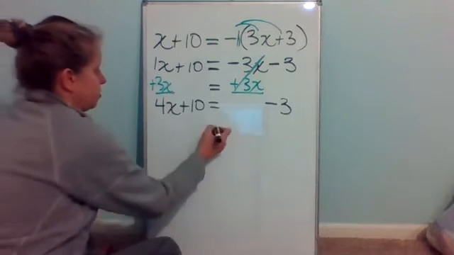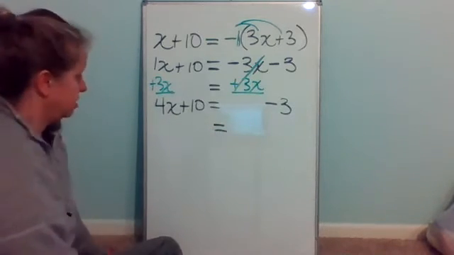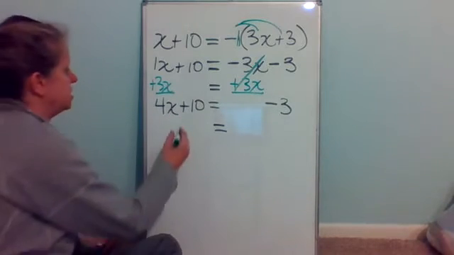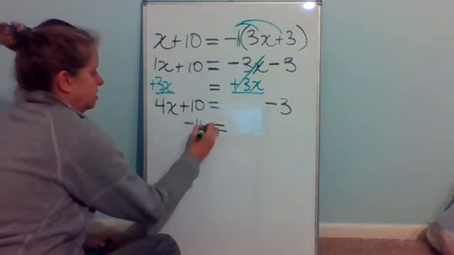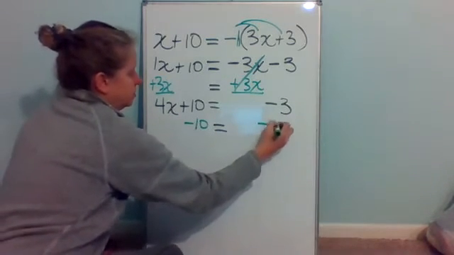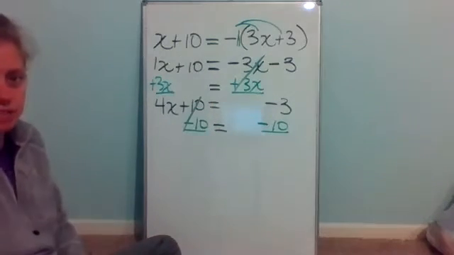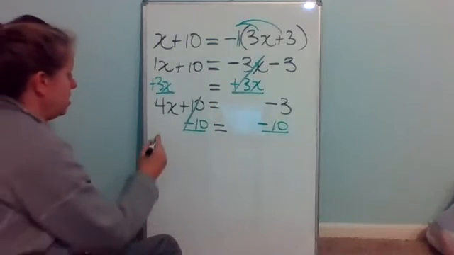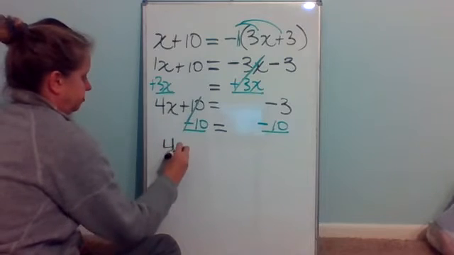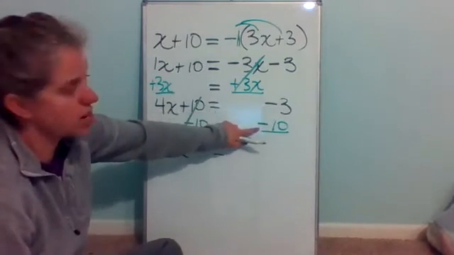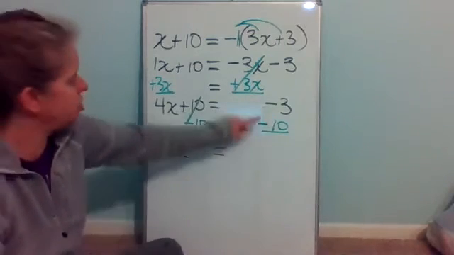So now, here's my equal. So let's see, getting this x by itself. So I need to get rid of the +10 with a -10. To cancel it. So over here, I have a 4x equals, over here, -3 minus 10. Again, think about your temperature.